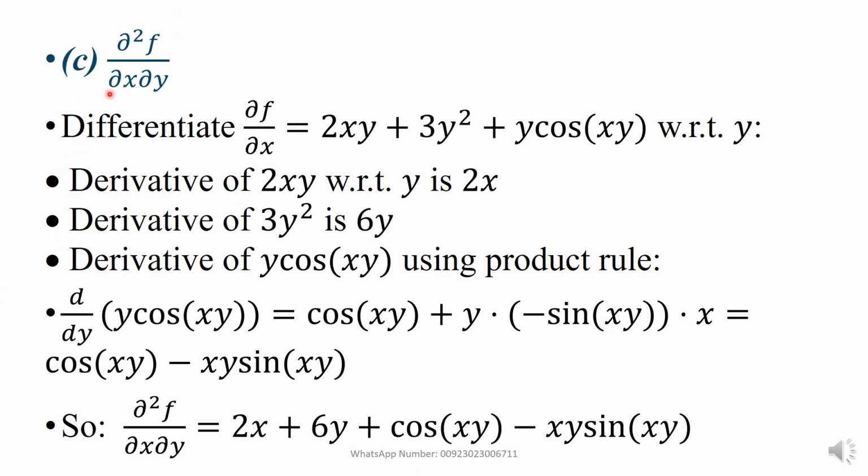Partial squared f upon partial x partial y. Differentiate partial f upon partial x, equal to 2xy plus 3y squared plus y cos xy, with respect to y.